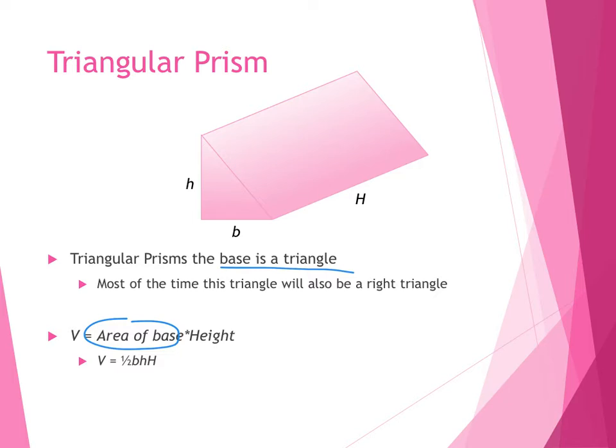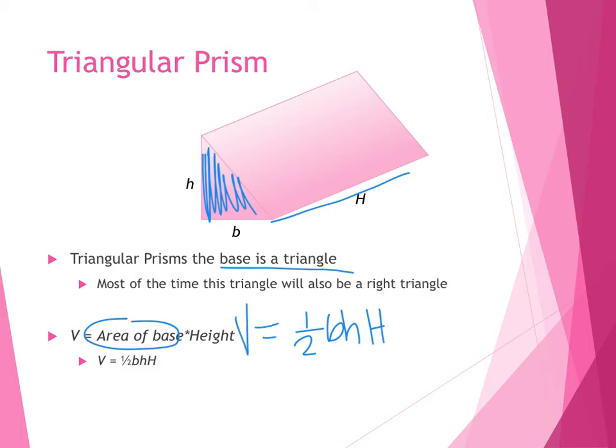Again, we're going to find this area that's here, and then we've got to build it up to make it three-dimensional. So you're going to do 1/2 base times height of the figure. That gives you your volume. So you're seeing two H's there, a lowercase and a capital.